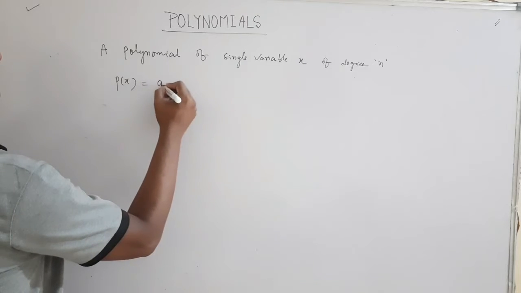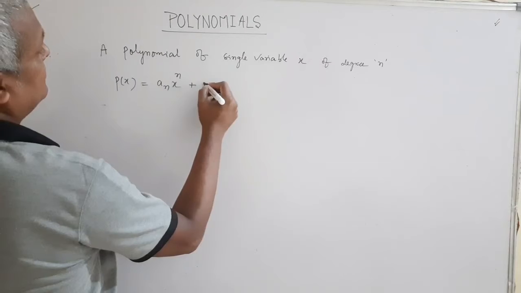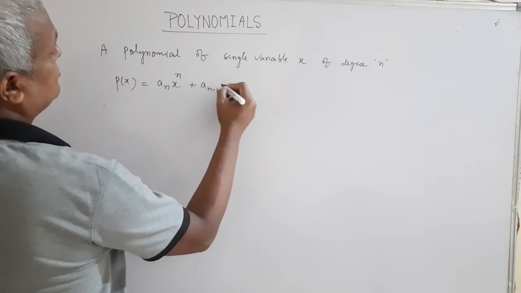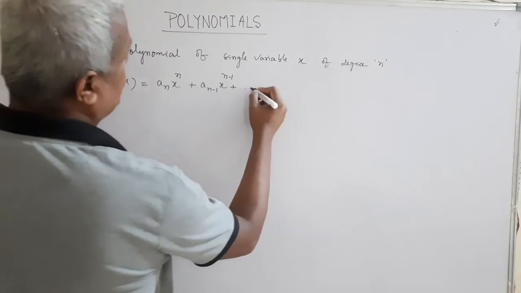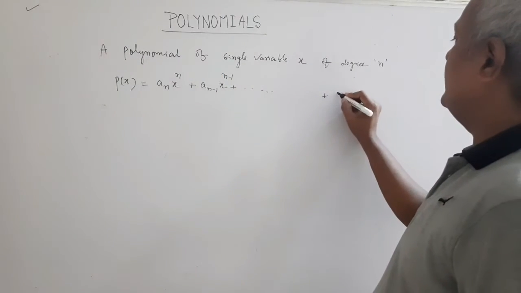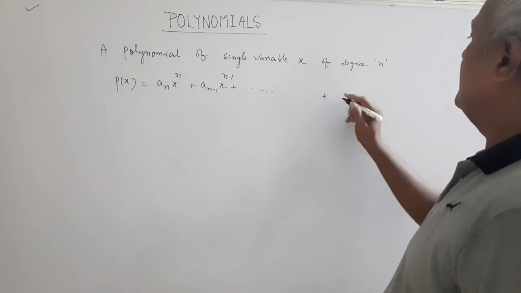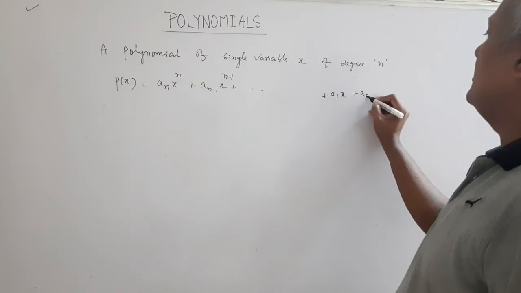P(x) = an x to the power n plus an-1 x to the power n-1 plus dot dot dot, and then finally a1x plus a0.